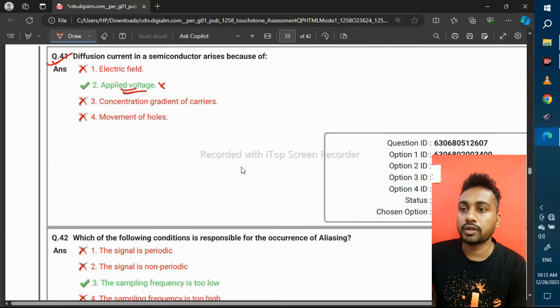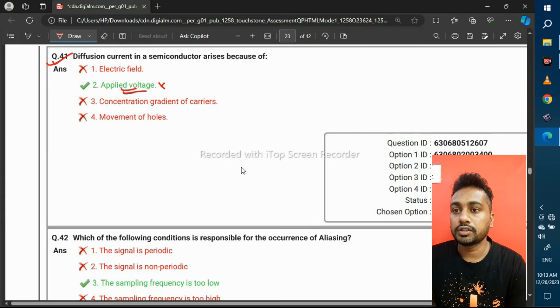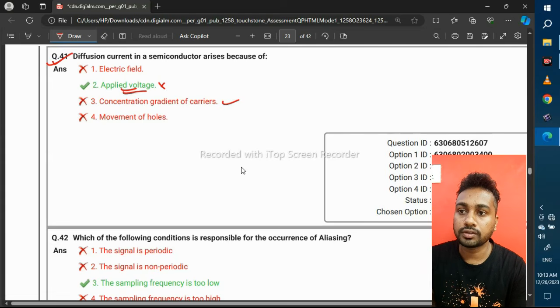For diffusion current in a semiconductor, the factors are concentration gradient of carriers, thermal energy and carrier mobility. So according to me the answer should be option 3, concentration gradient of carriers, not applied voltage. You check this one.